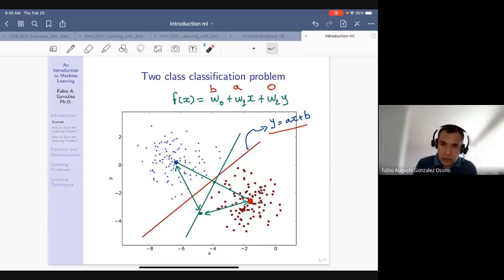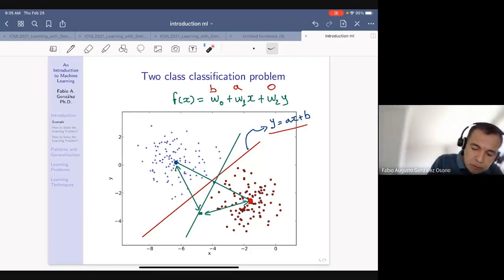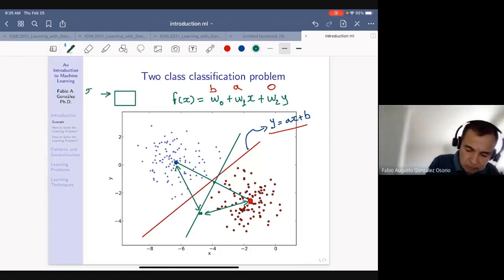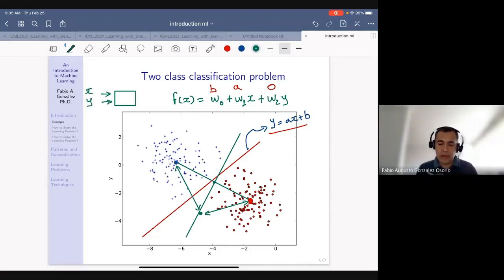Let me explain why we are doing this. See what's our problem. We want to build a function like this that receives two inputs, X and Y, and that returns a prediction, positive or negative.